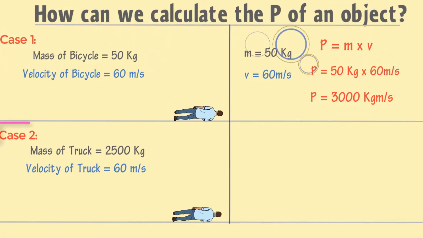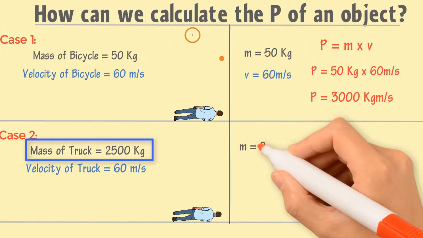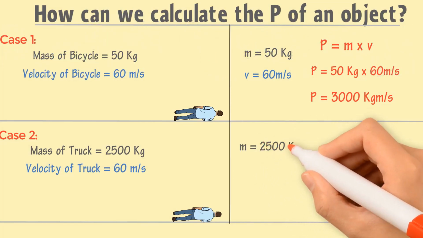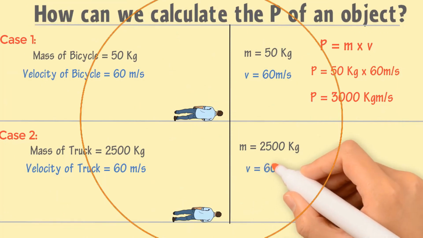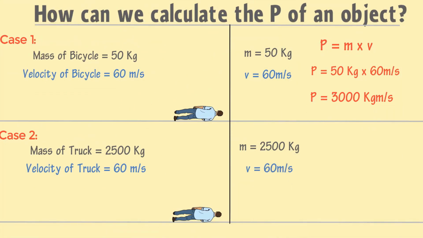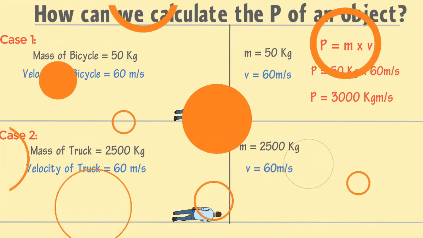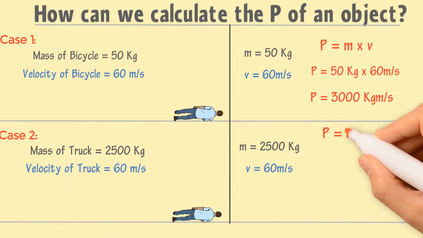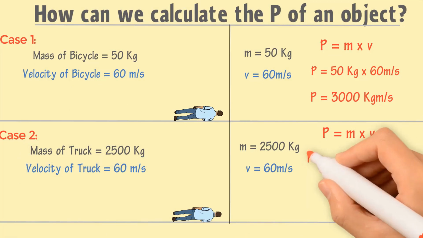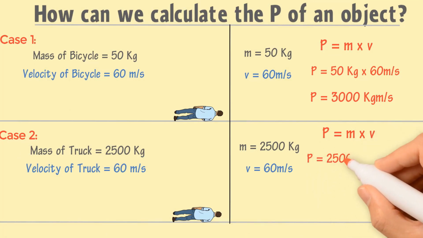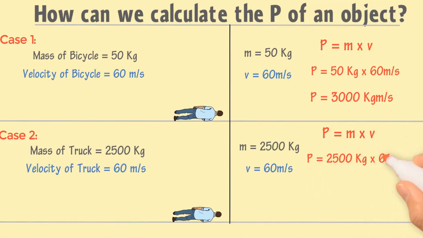In case 2, the mass of the truck m is equal to 2500 kg, while the velocity of the truck is 60 meters per second. Hence the momentum of the truck p is equal to the mass of the truck times the velocity of the truck. Thus p is equal to 2500 kg times 60 meters per second.